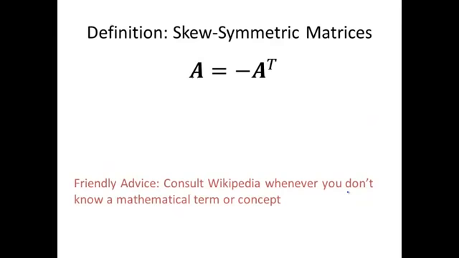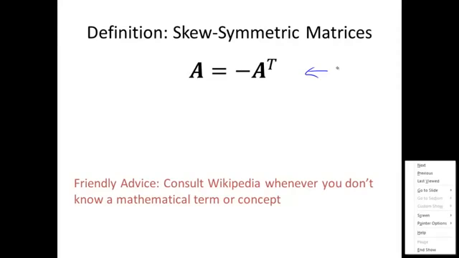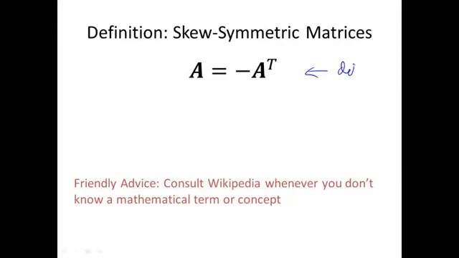Okay, the next thing we need to know about are skew-symmetric matrices. A matrix A is said to be skew-symmetric if A is equal to minus A transposed. This is just the definition, but it tells us something.